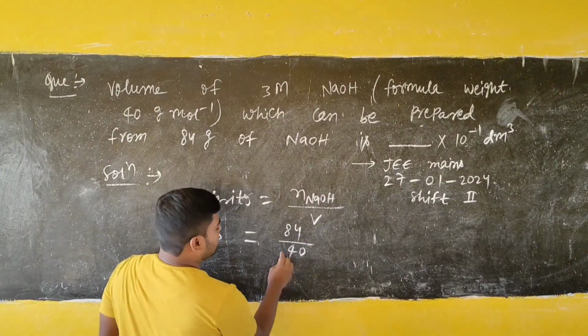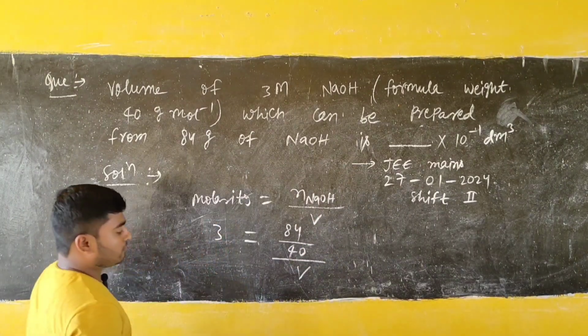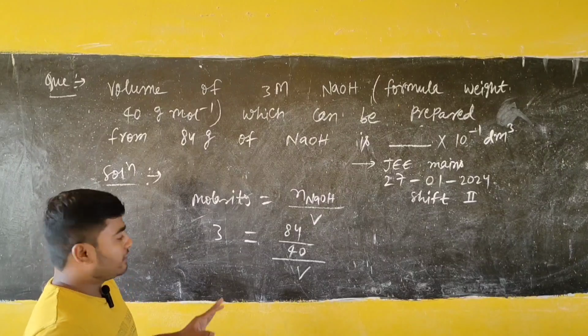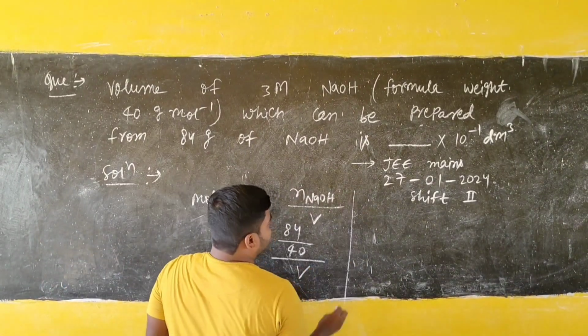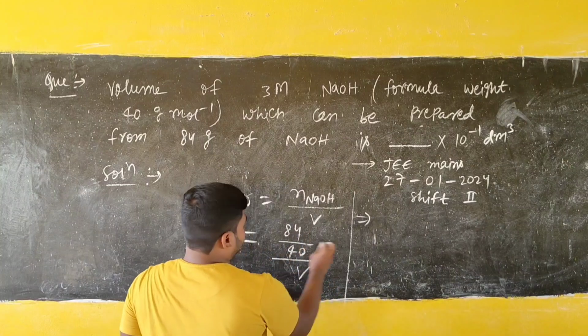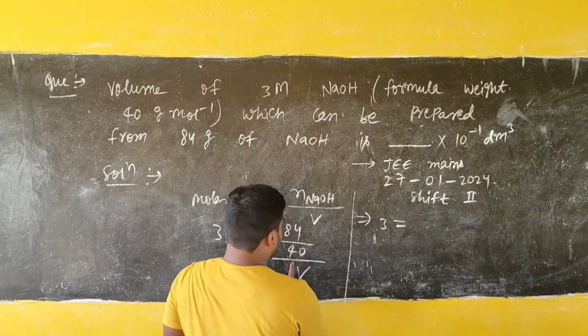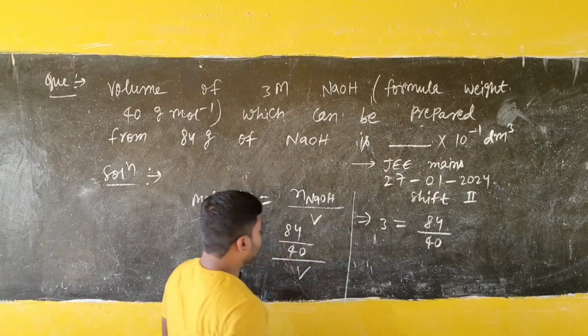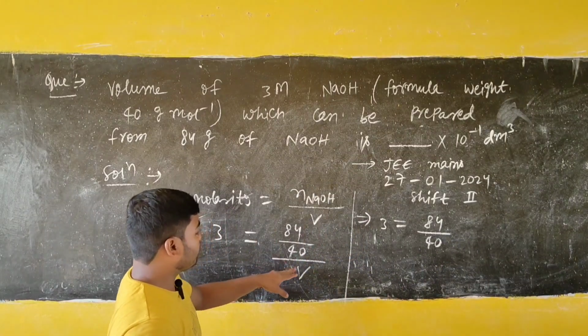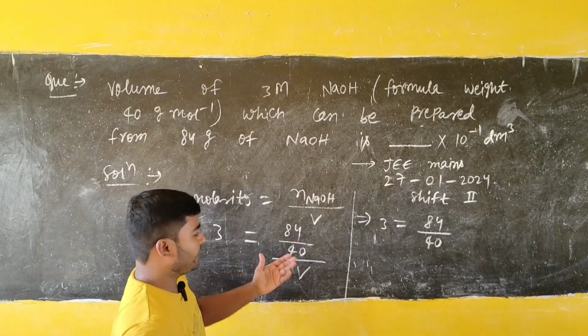That will be the number of moles, divided by V, which is what we have to calculate. So 3 equals 84 by 40 into 1 by V.